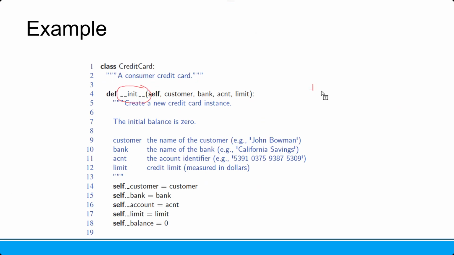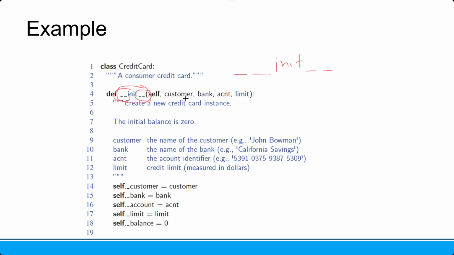Underscore, underscore. So you can see here there are 2. Underscore, underscore, init, underscore, underscore. Okay, please do not forget this one.